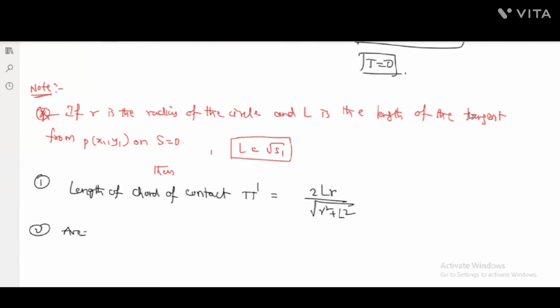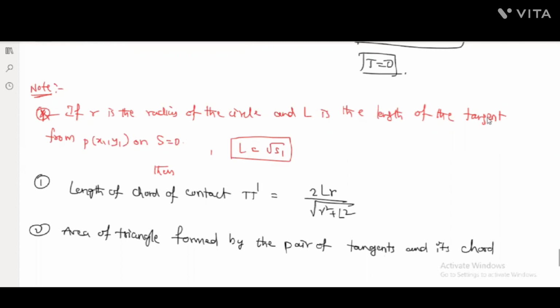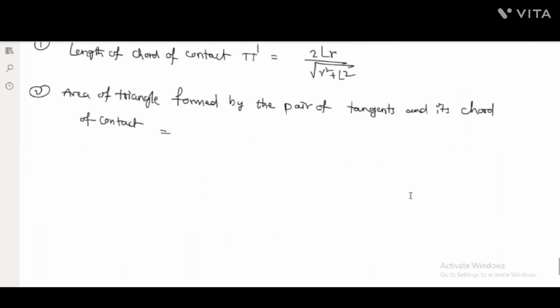Second one is the area of the triangle formed by the pair of tangents and its chord of contact, which is equal to R L cube by R square plus L square.